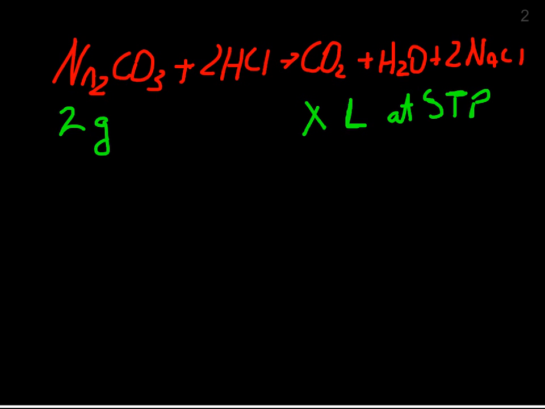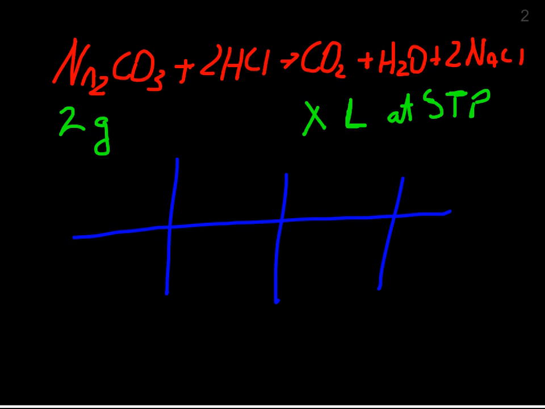Well, I'm going to go back to this 1 line, 3 lines coming down. I'm going to start off with the 2 grams, which is given. I am now going to change that amount into moles, realizing that a mole of sodium carbonate has a molar mass of 106 grams.